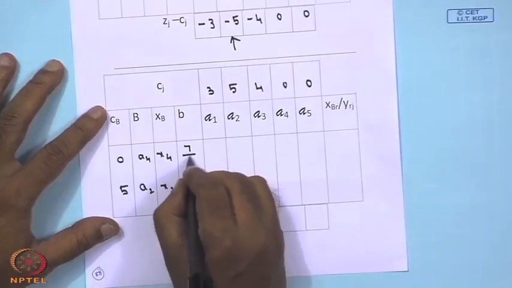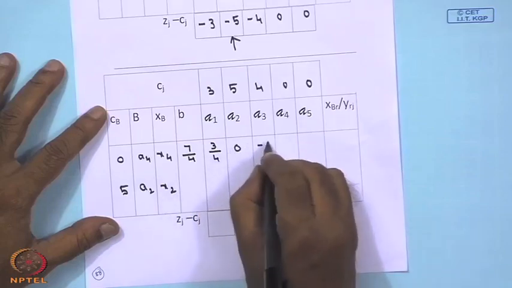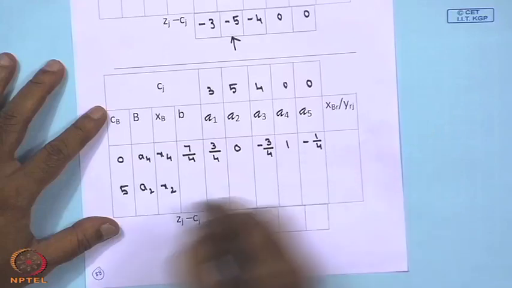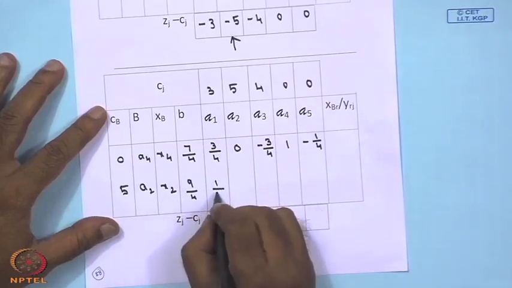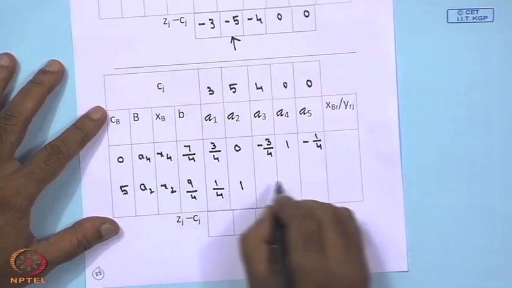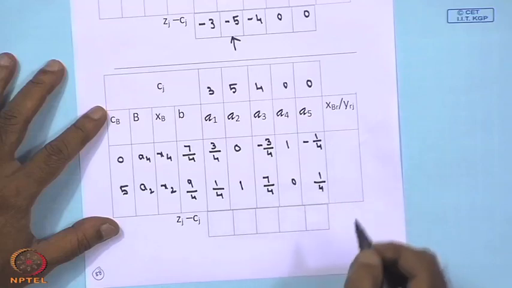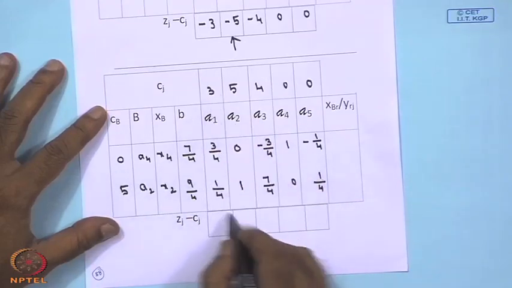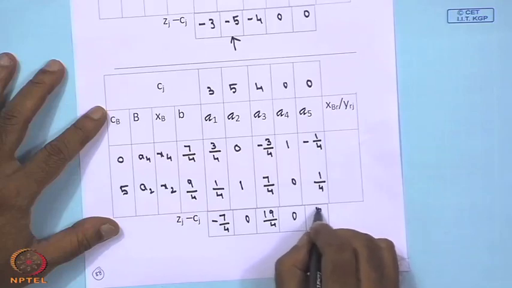You will get 7 by 4, 3 by 4, 0, minus 3 by 4, 1, minus 1 by 4. This is 9 by 4, 1 by 4, this is 1, 7 by 4, 0 and 1 by 4. Zj minus Cj, so 5 by 4 minus 3, I am again writing minus 7 by 4, 0, 19 by 4, 0 and 5 by 4.